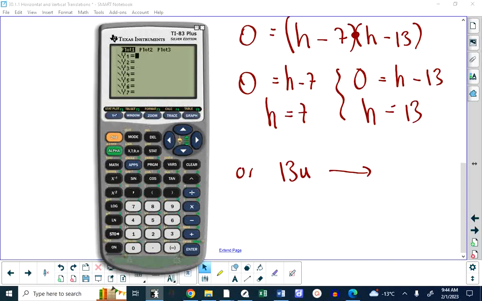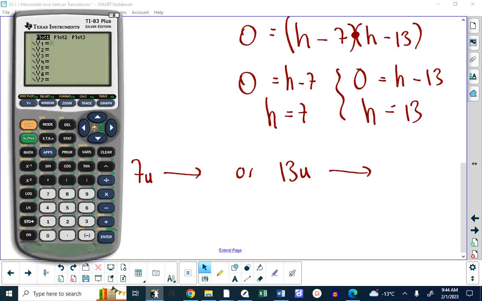One of the functions, if h was positive 7, the function would be brackets x minus 7 brackets squared. Let's just check it out. It passes through that point. We could verify it by going trace and entering 10, seeing it passes through 9. And here's the other one, x minus 13, quantity squared, will also pass through that point.